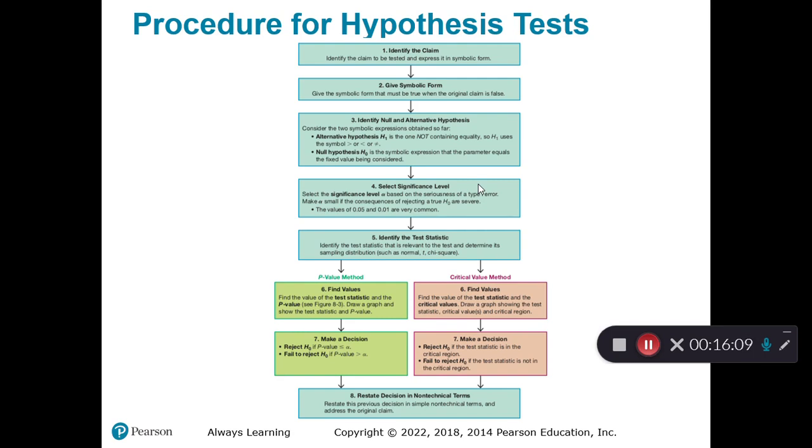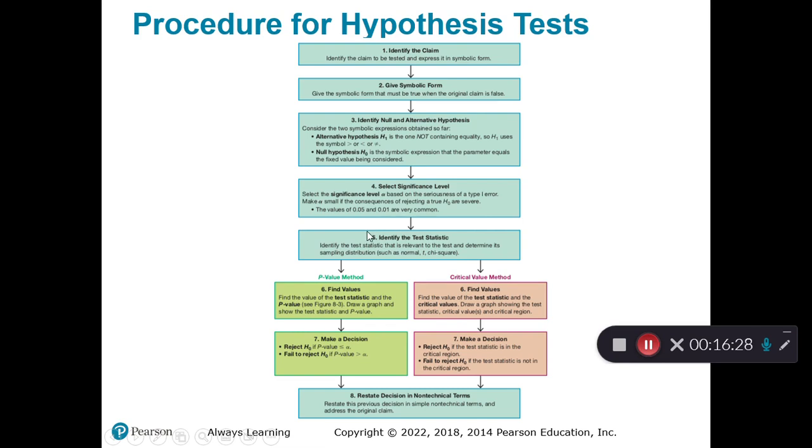You know, not as consequential as, of course, launching a new drug to the market. So again, this will be chosen for you for the problems that we'll see in this course, but in the real world, this is something that would be carefully selected by the research team.